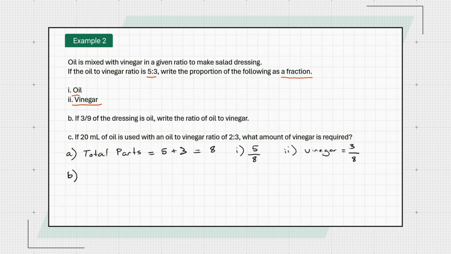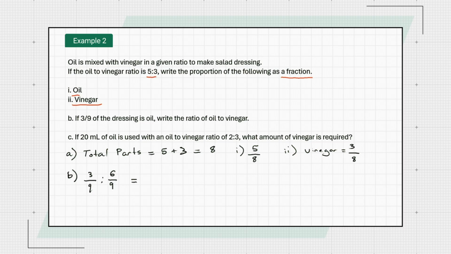If we look at B, we have 3/9 of the dressing is oil. Write the ratio of oil to vinegar. So 3/9 is oil. If 3 parts of the 9 parts are oil and all we're mixing is oil and vinegar, then the remaining 6 parts of 9 has to be vinegar.